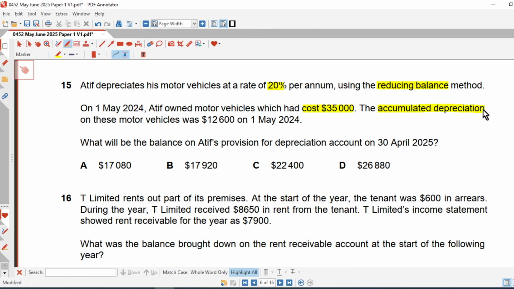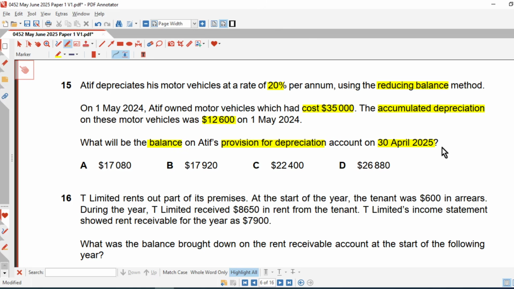The accumulated depreciation on these motor vehicles was 12,600 on 1st of May 2024. So what will be the balance on Atif's accumulated depreciation account on 30th April 2025?